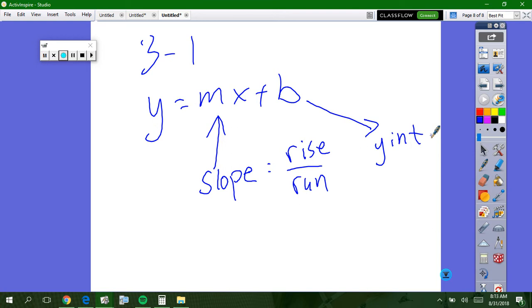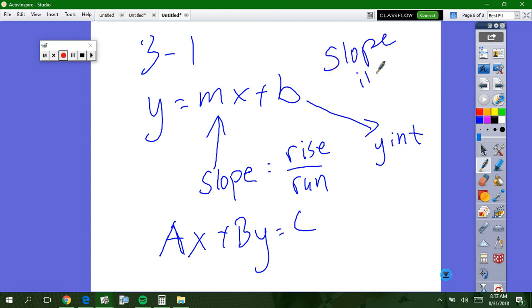There's another method, another form. This one is called slope-intercept. This one right here is called standard form. You guys catch up really quick. And we're going to graph those in two different ways.